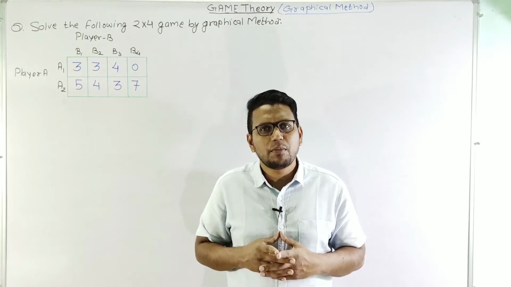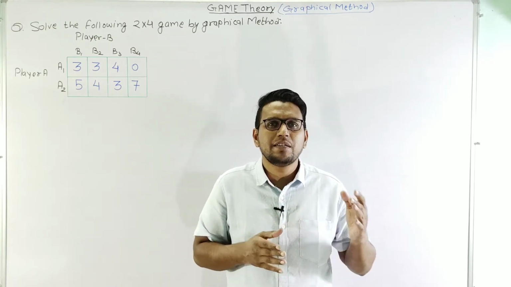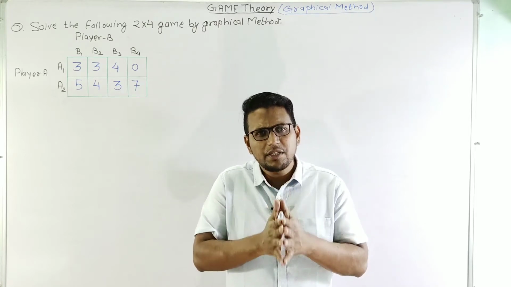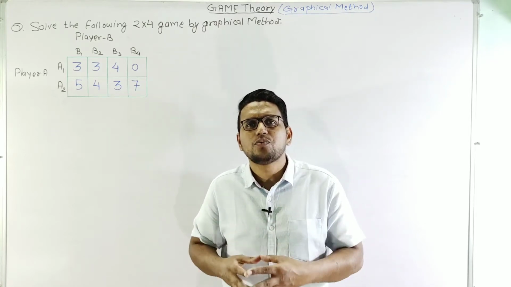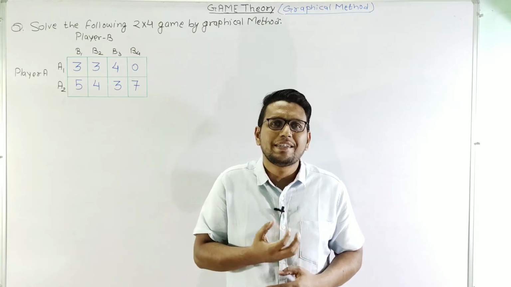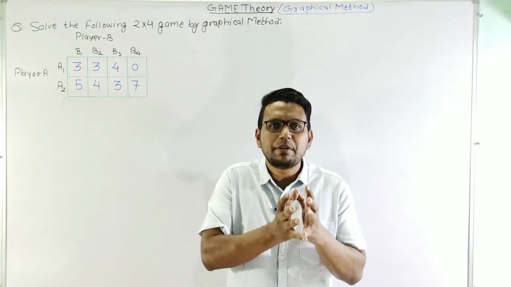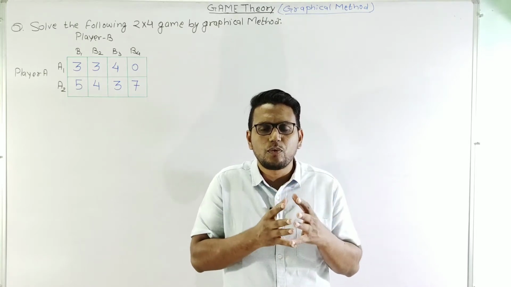Before moving on to the problem, we must understand when we need to apply the graphical method. The graphical method is generally used when we do not find a saddle point and we are also unable to reduce the matrix by dominance rule.